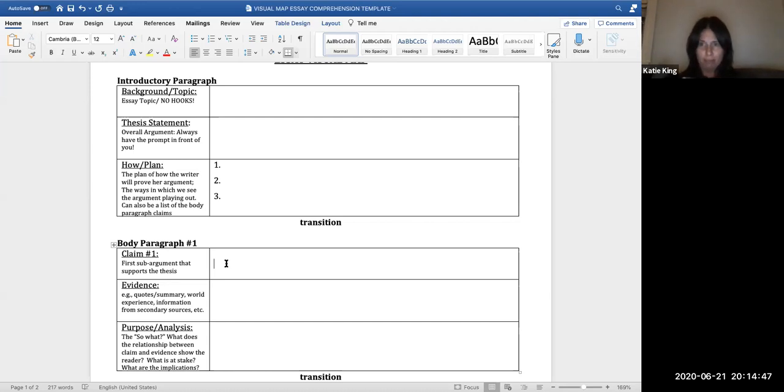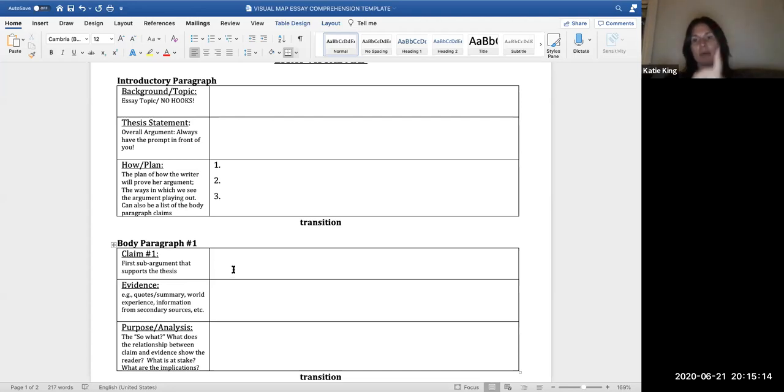And here's why I would say to call it a claim, because a claim denotes argument, whereas an idea or topic sentence or something like that does not imply argument. Claim implies argument, which is what you need to be doing threaded throughout your essay, is arguing, right? So in your body paragraph, each body paragraph is led by a claim.